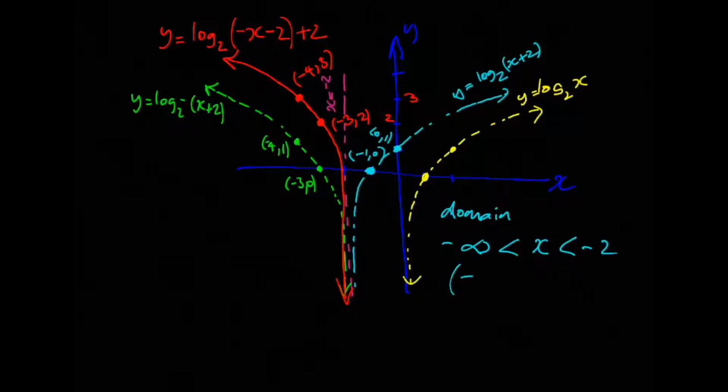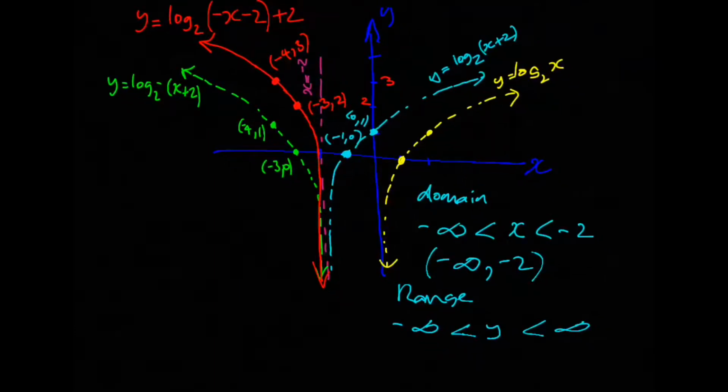Or you could say negative infinity to negative 2 like that with rounded brackets. And the range is negative infinity is less than y is less than infinity, or negative infinity to infinity, or all real numbers.